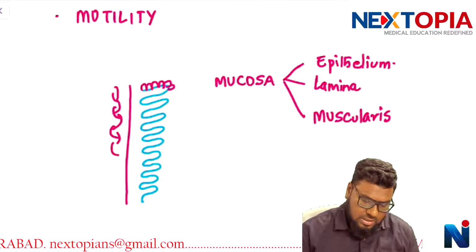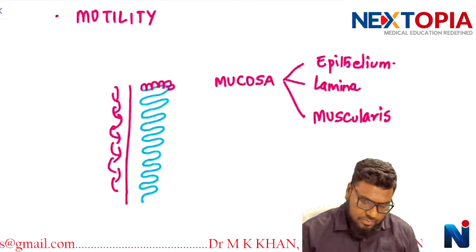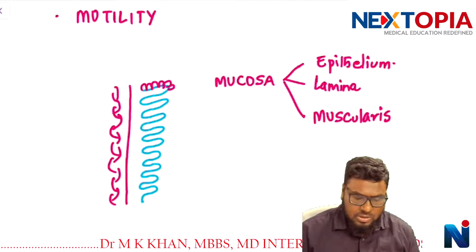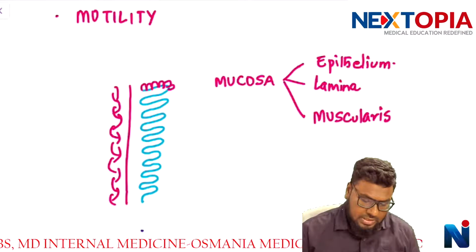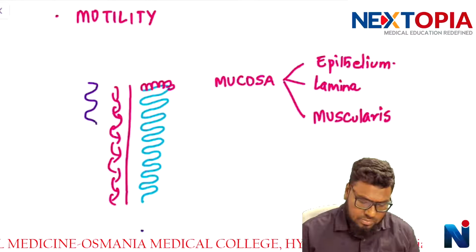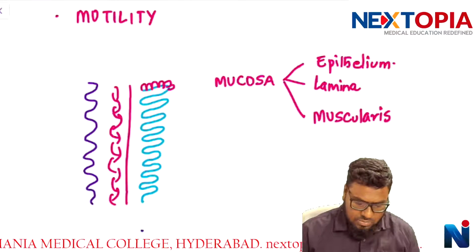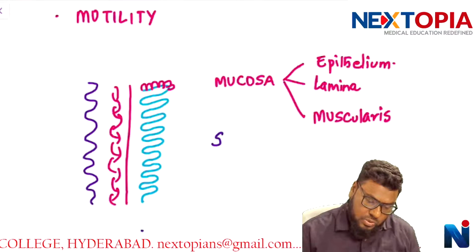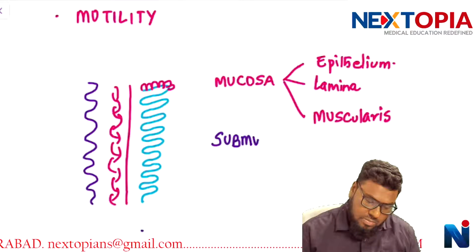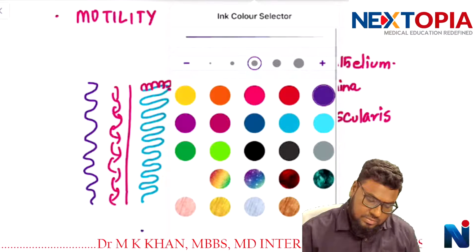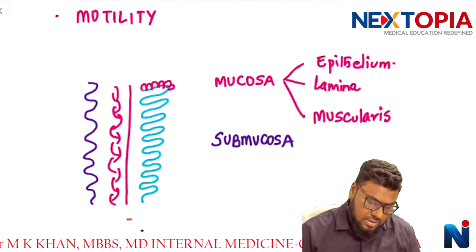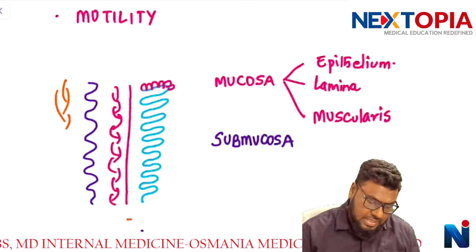So these are the muscle fibers, right? Next layer is the submucosa. Next layer is the muscle layer.